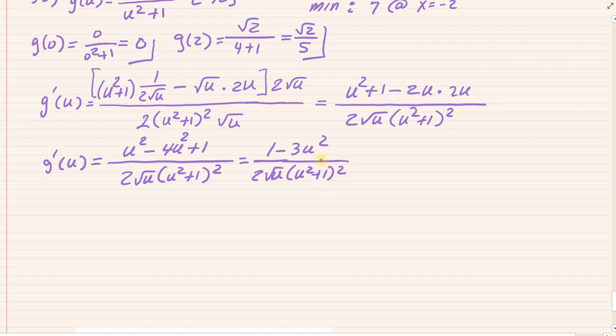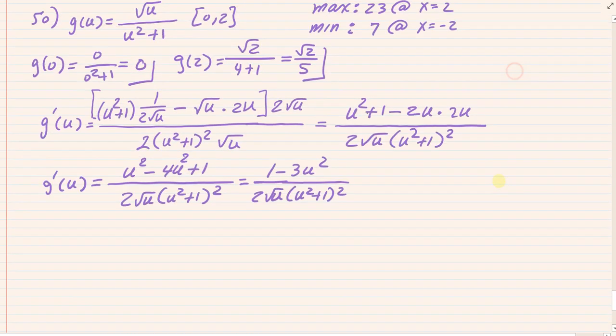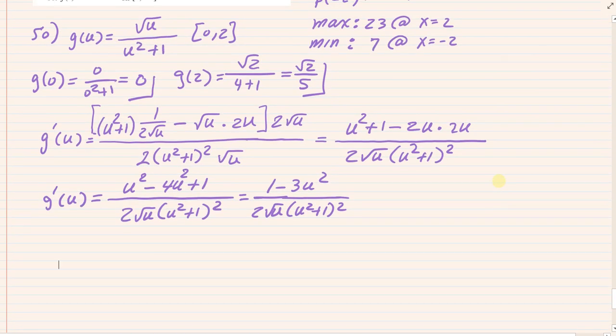Okay, now let's focus on this derivative. Critical numbers are numbers where the derivative is 0. So I'm going to do two things. Well, first, let me go back to the original function. We're given 0 to 2.